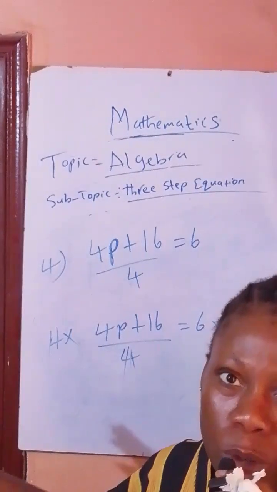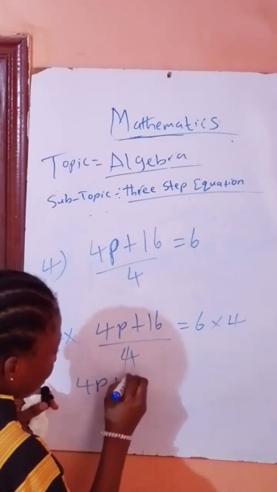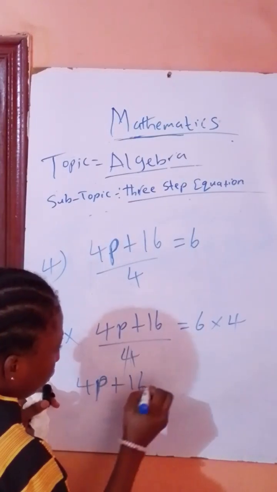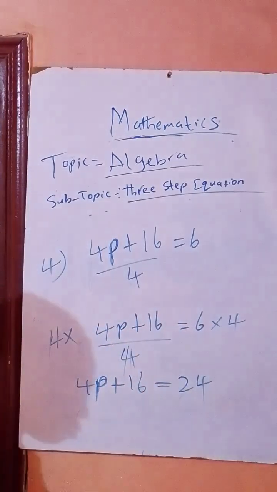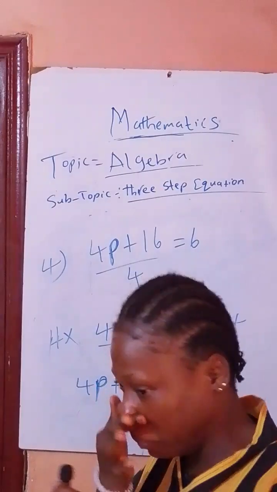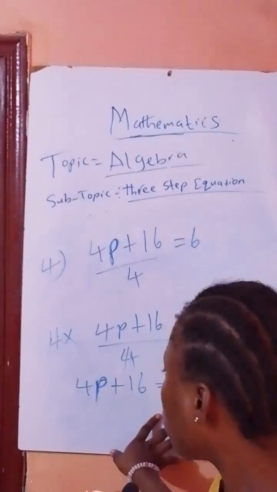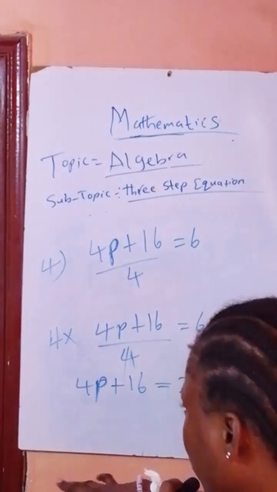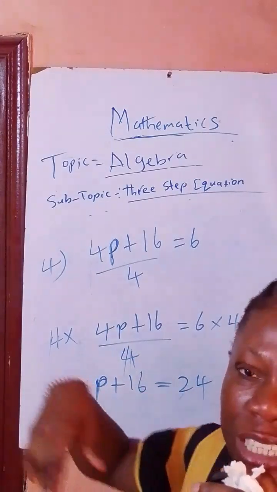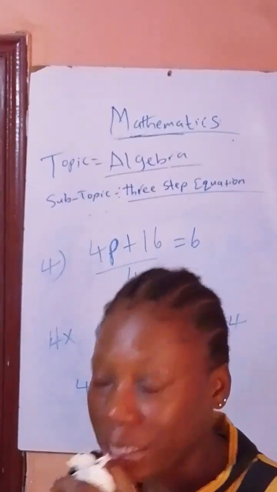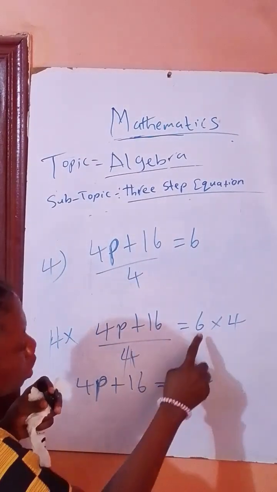We are left with 4p plus 16 equals 6 times 4, 24. 6 times 4 is 24, right? As we have already eliminated the 4, we are left with 4p plus 16 equals 24.